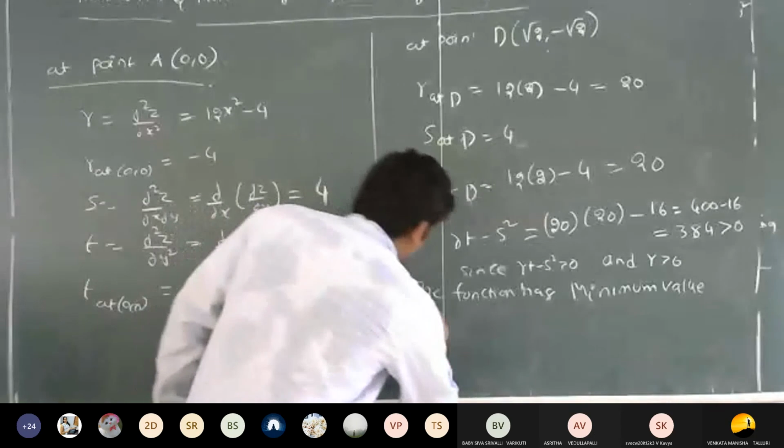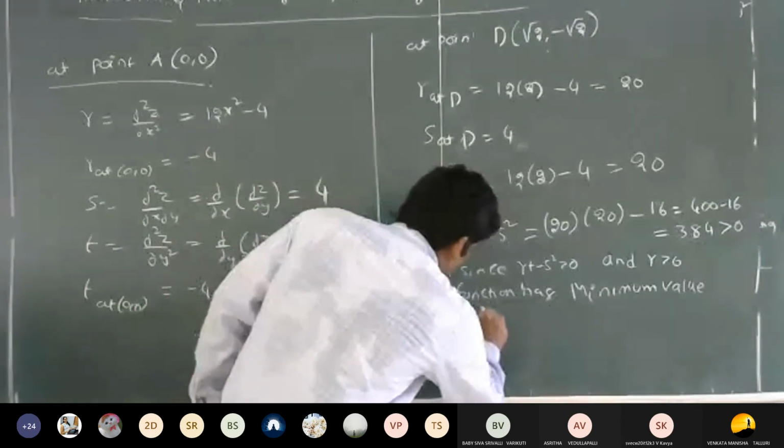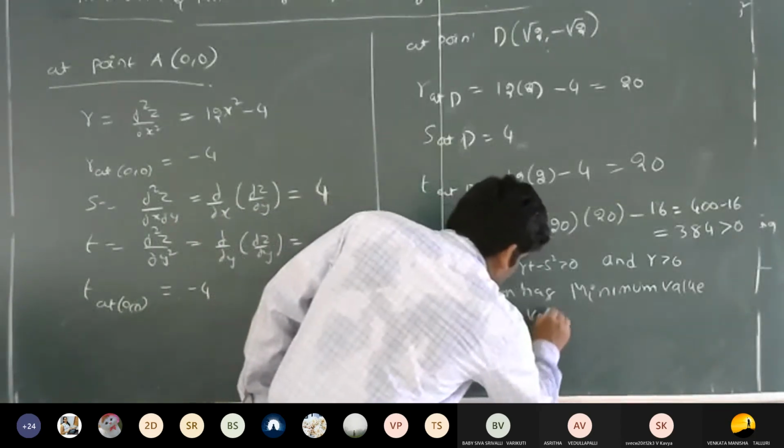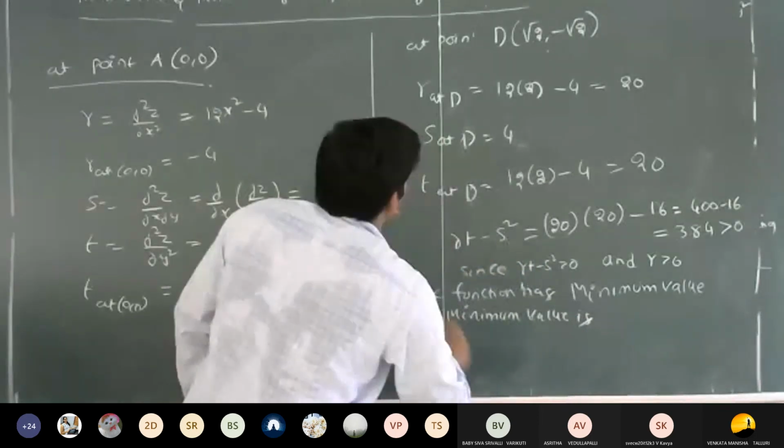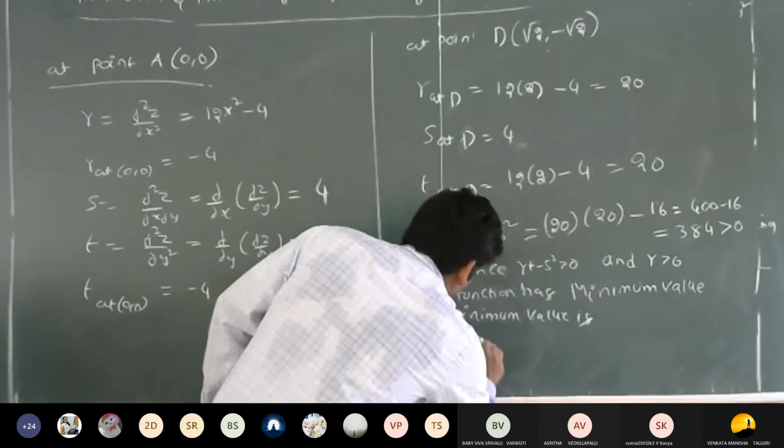The minimum value is f of (root 2, comma minus root 2).